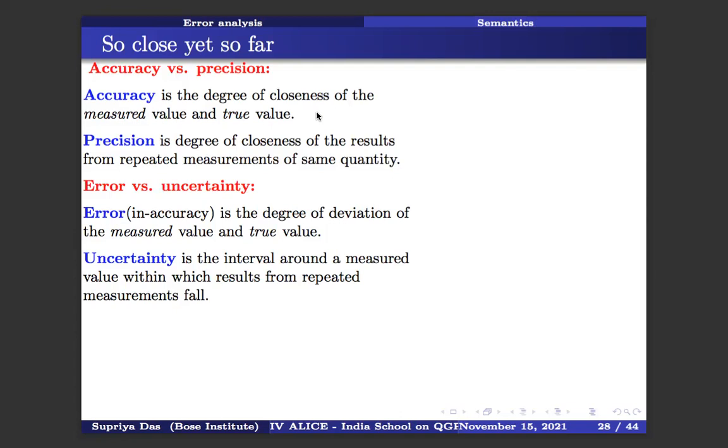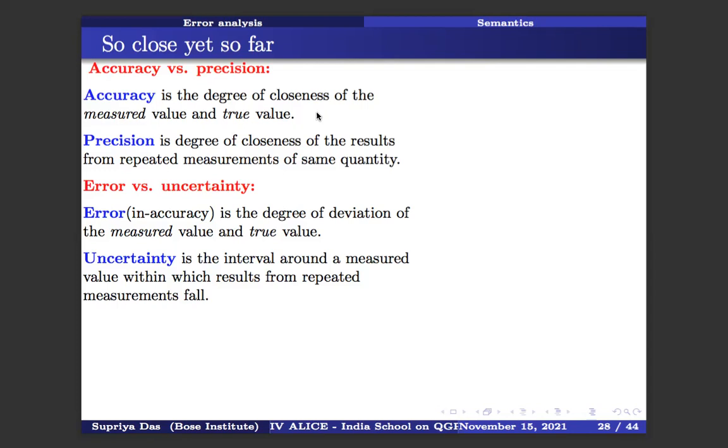For example, if you try to visualize that you get one point on your white notebook corresponding to one measured value, and if you measure the same quantity many times, then the measured values will fall within an interval of the first measurement, okay? Or if you take 10, 100, 1,000 measurements, all of them fall within some interval. So that interval is the uncertainty.